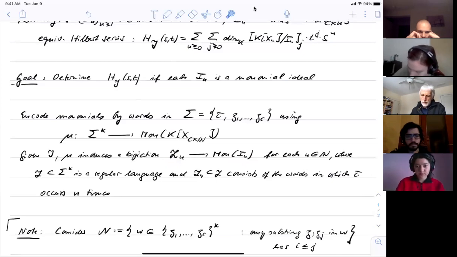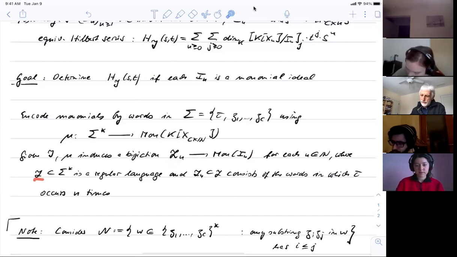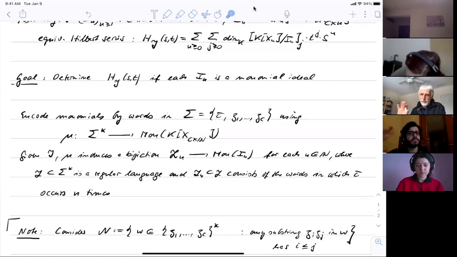The sub-language L_n just consists of the words of the language L in which the letter tau occurs just n times. We just keep track of the number of occurrences of tau.